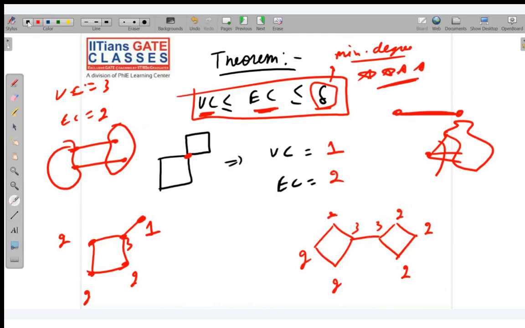You just remove this edge, which I can label AB. Graph is disconnected. So edge connectivity is 1, the minimum number of edges whose removal will disconnect the graph. All right, so I got confused seeing 3 there. No, no, that is the degree.